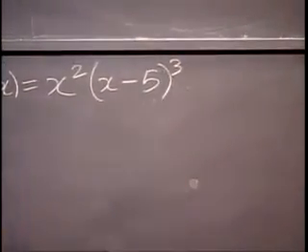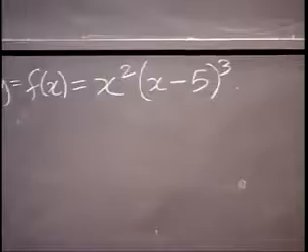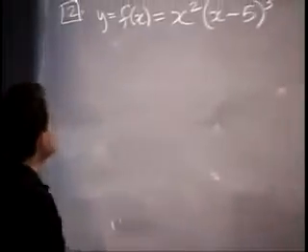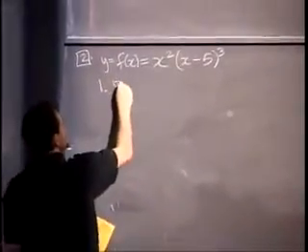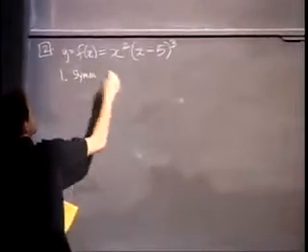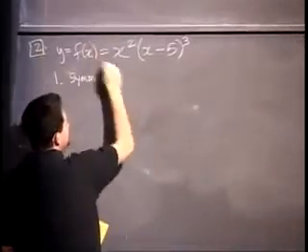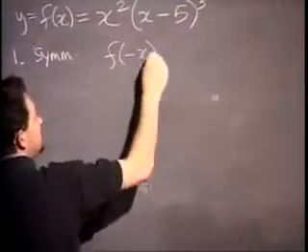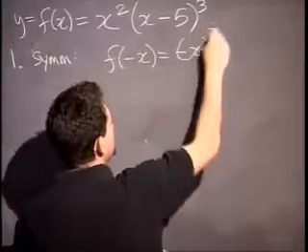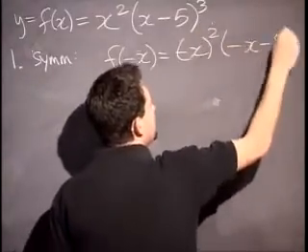Okay, so you'll be happy to know that we don't have to worry about tables of signs because they're all hiding under this left-hand blackboard, which I will expose imminently. But let's just run through the steps again. Symmetry, put minus x, so we get f of minus x is minus x all squared times minus x minus 5 all cubed.